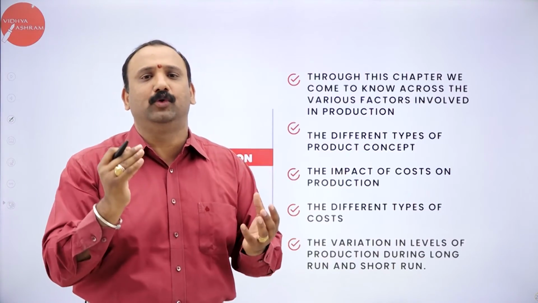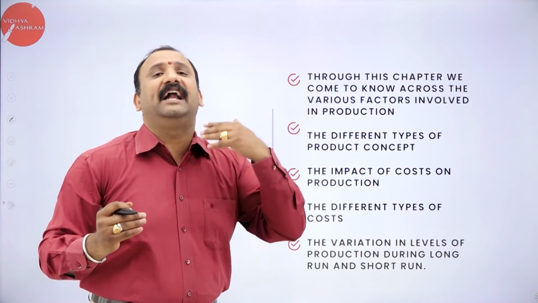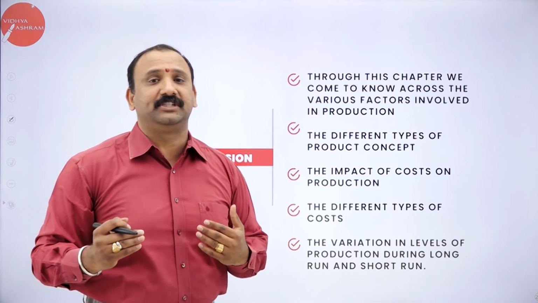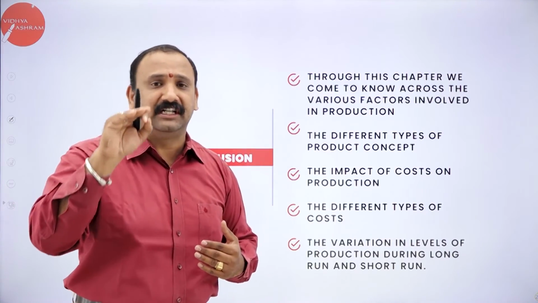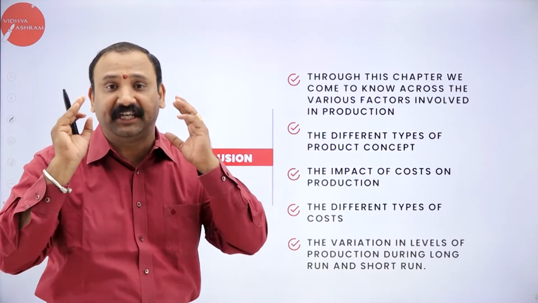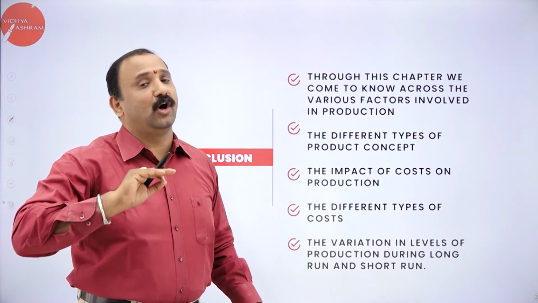So what they will try to do is combine the cycles, combine the variations, and try to keep themselves in survival mode. Which means to say that the cost and production lesson, the key takeaway would be the variation levels, the short run cost, the long run cost.